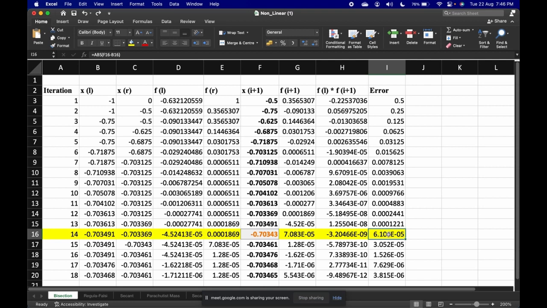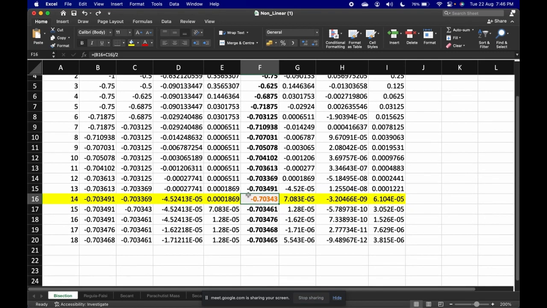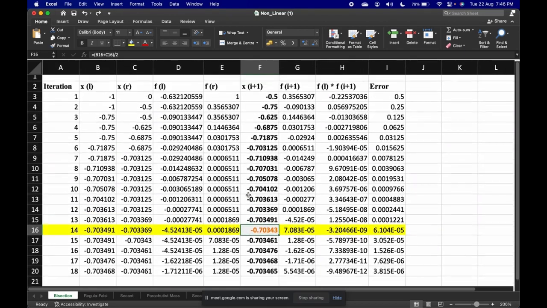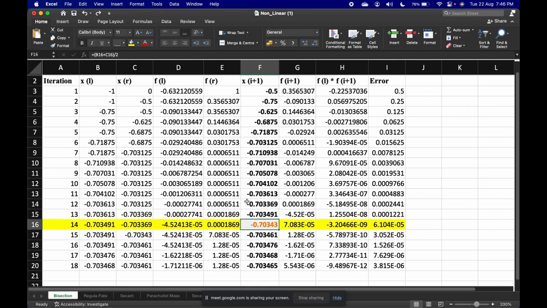Fourth error accuracy means also you have to go till here, and even 0.1% accuracy or 0.1% error is also here. So you will take this value, xi plus 1, as your solution. So this is how you find your solution using the bisection method.